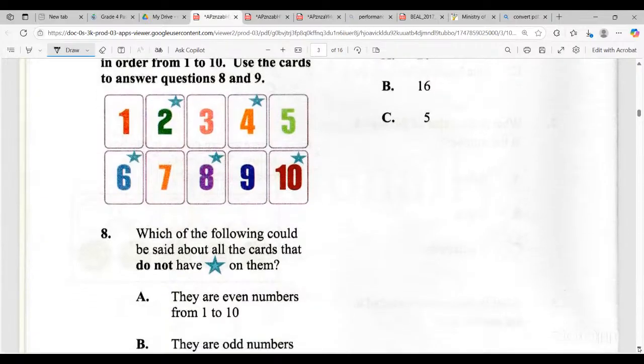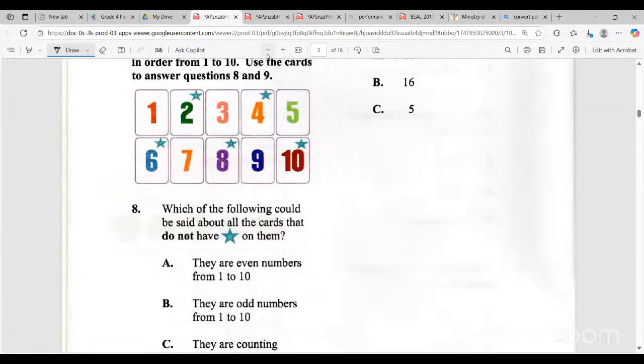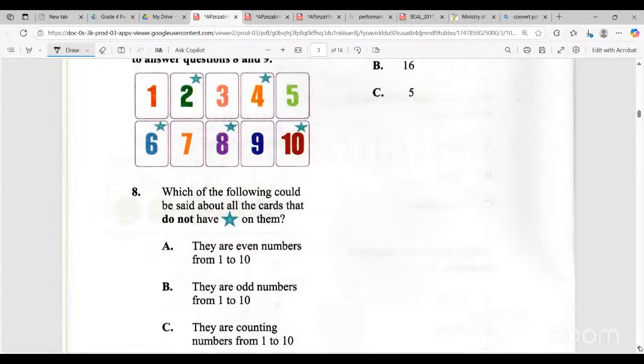A, they are even numbers from 1 to 10. B, they are odd numbers from 1 to 10. C, they are counting numbers from 1 to 10.